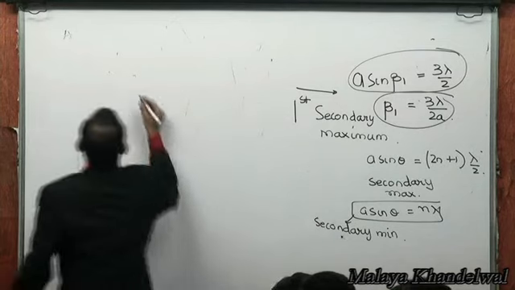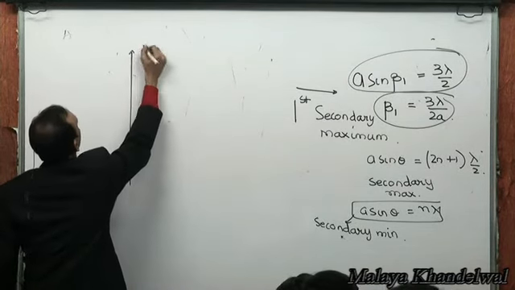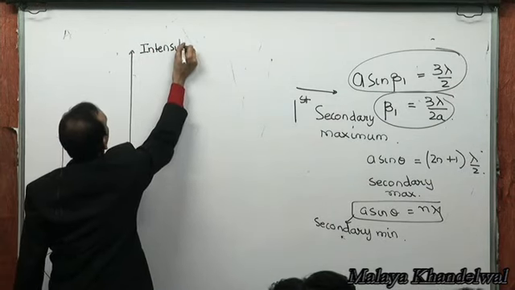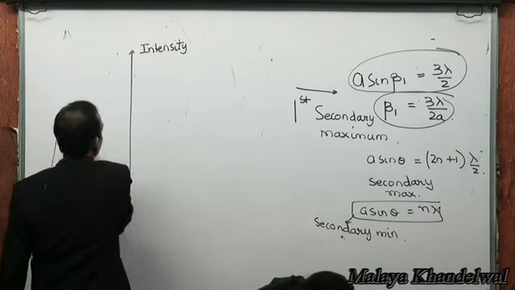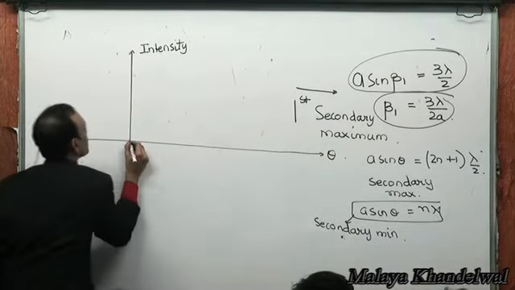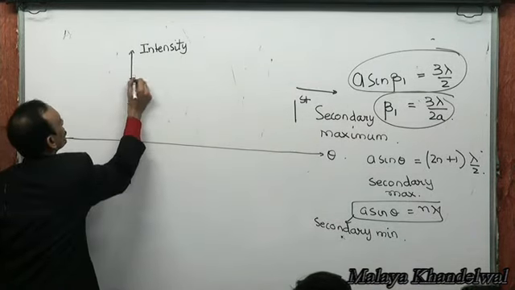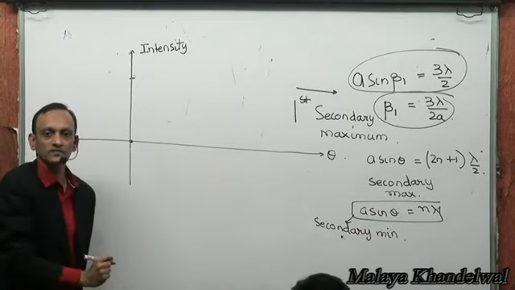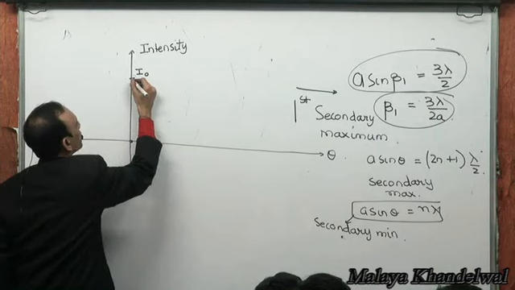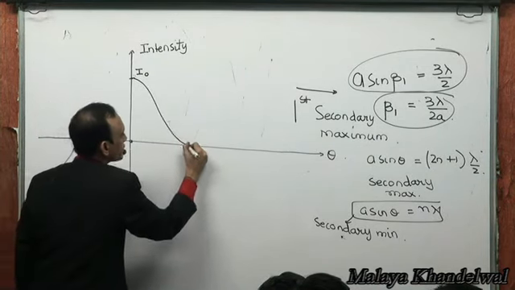The intensity graph versus theta on the screen. This is theta equal to 0, which is the central maximum, and it has the highest value of intensity, say I naught. And then the intensity goes this way.